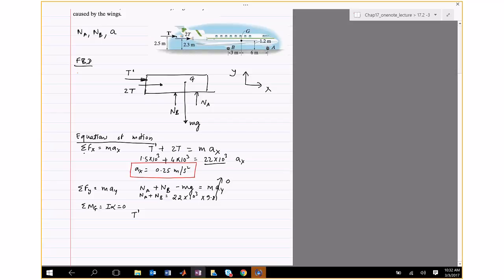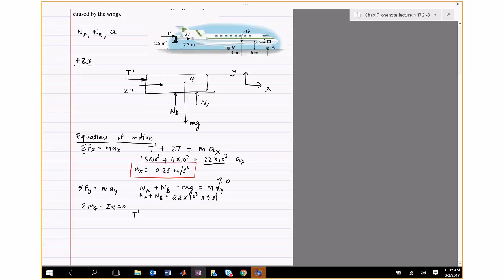Okay, now there are two distances. There's the distance along the x-axis and the distance along the y-axis, right? The moment is only because of the moment arm in a direction perpendicular to the action of the force. So in this case, the distance we are interested in is in the y direction. We just have to find this distance.